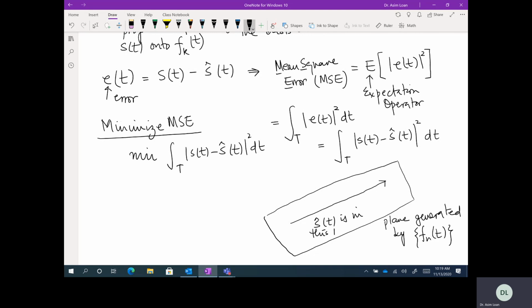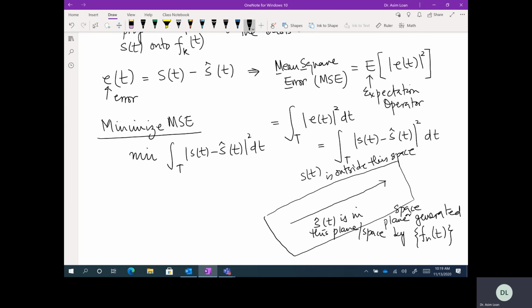Assume S of t is outside the plane. Or let me call this a space, not a plane. This is the space generated by f_n of t, and S of t is outside this space. So how do I minimize the error?